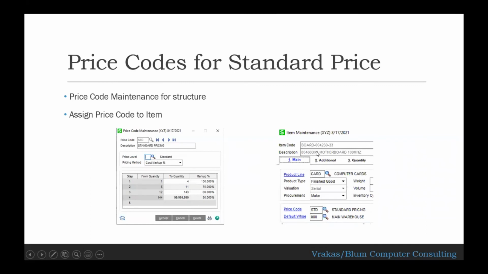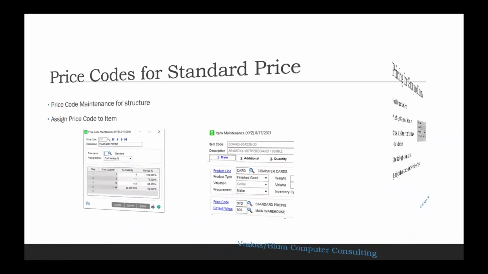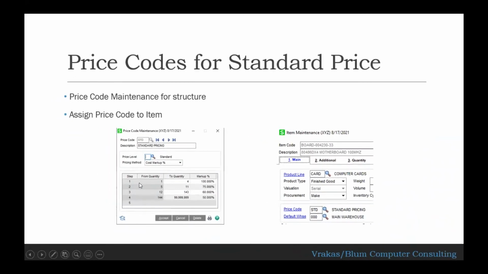So this is not for just this one specific item code, but for every item where the price code standard is set up. So if they order more than 4 of one singular item that has the standard price code, it's going to give them a less markup. It's going to give them a better quantity break discount.